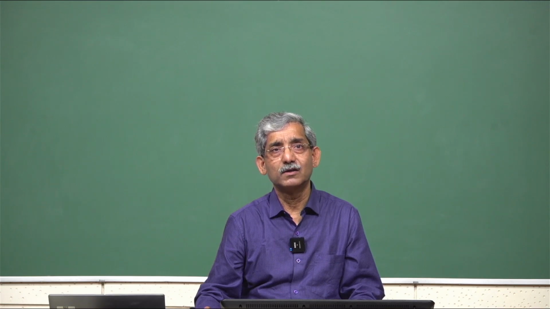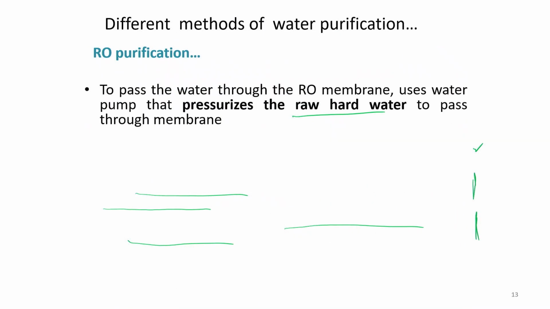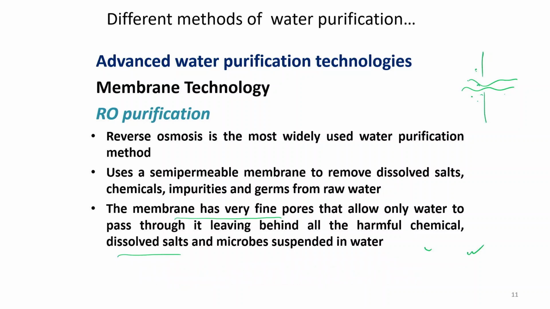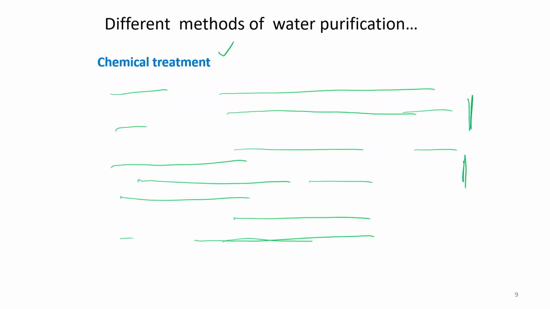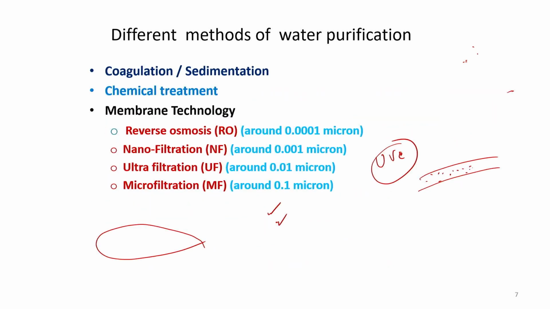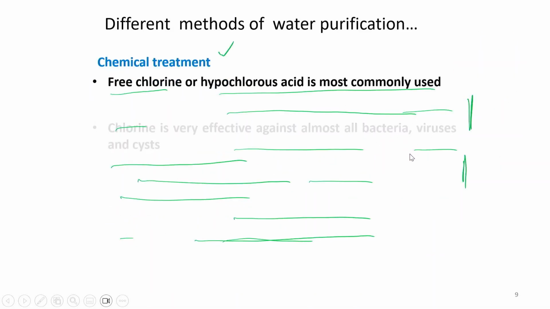I will tell you the typical pore size, as we have already mentioned earlier. I will just go back. You can see here it is a little bit more than the RO system.